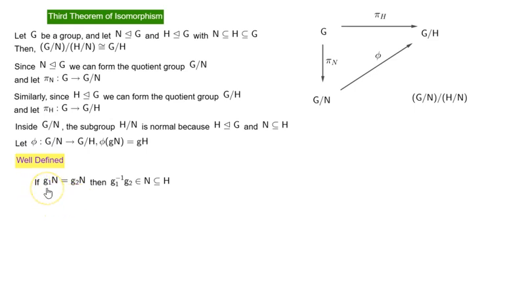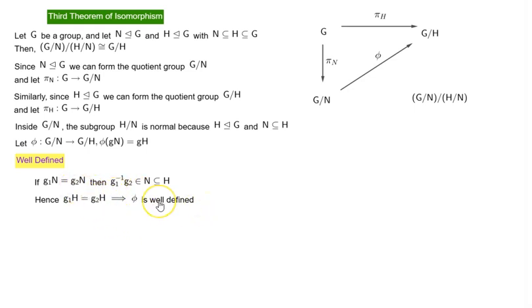So if g1N is equal to g2N, then g1 inverse times g2 is in N, which is a subset of H. g1 and g2 are elements of G. Hence, g1H is equal to g2H, which implies phi is well defined.